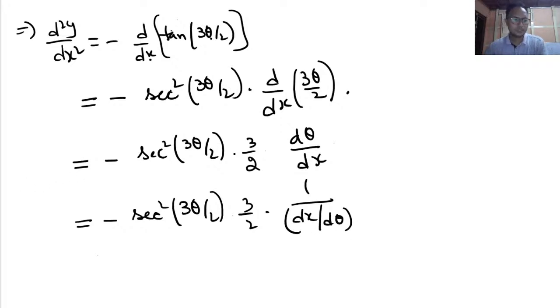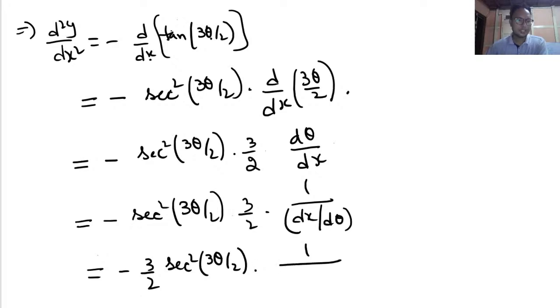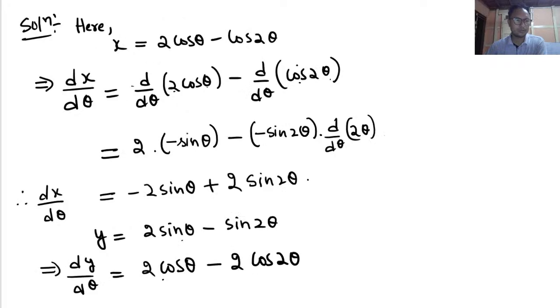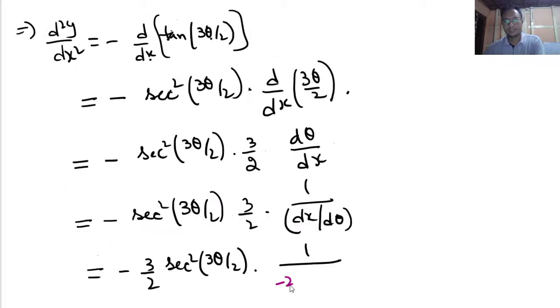Now the value of dx by d theta we already know, so it will be minus 3 by 2 sec square 3 theta by 2 into 1 by dx by d theta. Just remember the value of dx by d theta: it will be minus 2 sine theta plus sine of 2 theta.